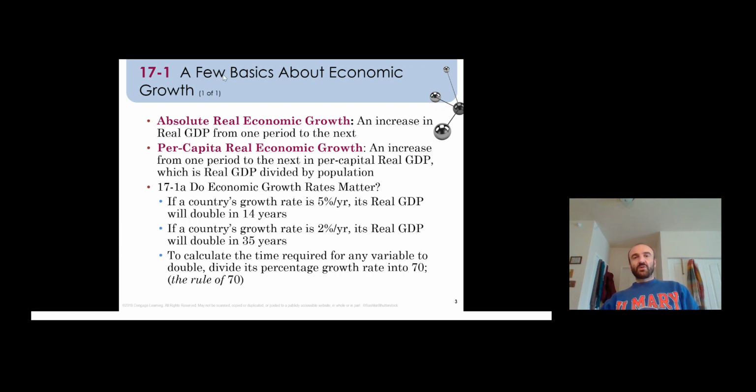So how is economic growth to be defined? There are various ways of doing this, but usually we talk about an increase in real GDP from one period to the next period. This is sometimes called the absolute real economic growth. It means an increase in real GDP, and you will now remember that real GDP is best defined as the quantity of goods and services produced in a given country in a given period of time.